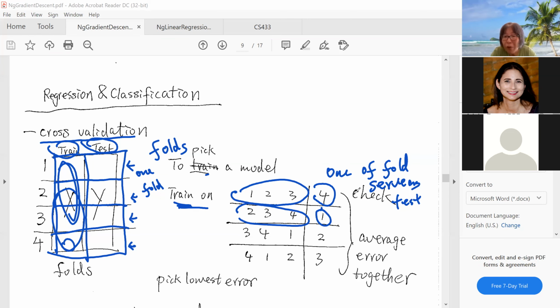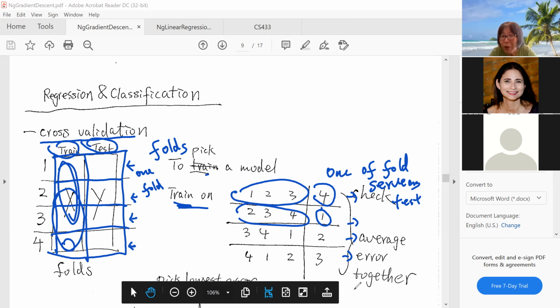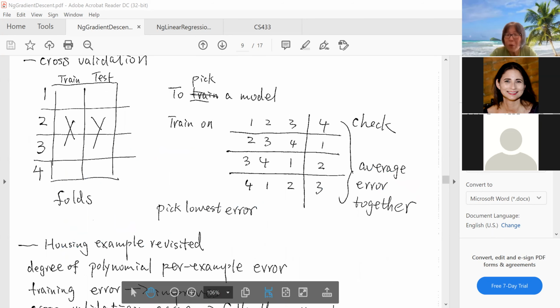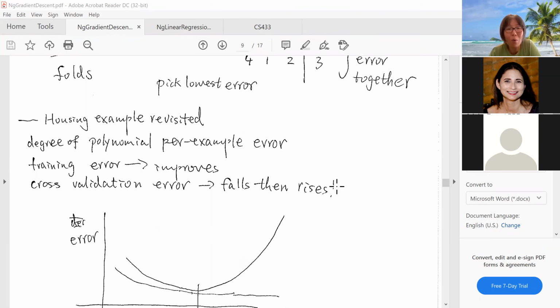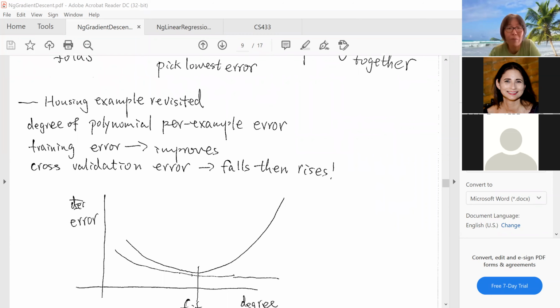The training result will be different for each of these, and what we can do is average all of the errors together. This kind of concept we call cross-validation. Here I just give you a glimpse, and later on we will discuss more in detail, okay?